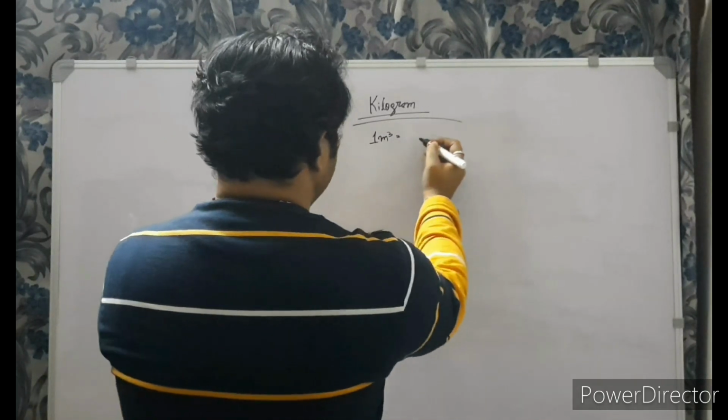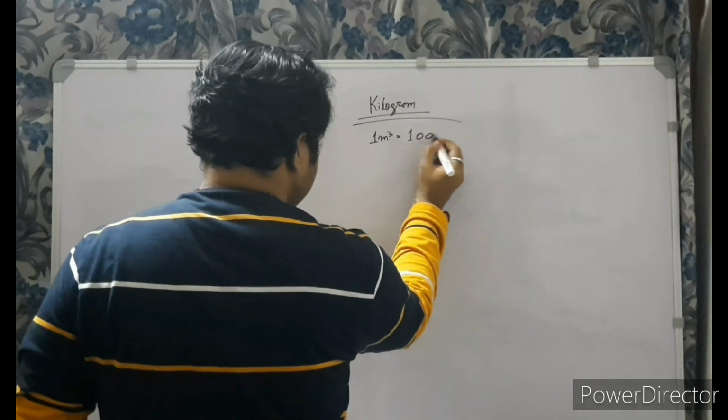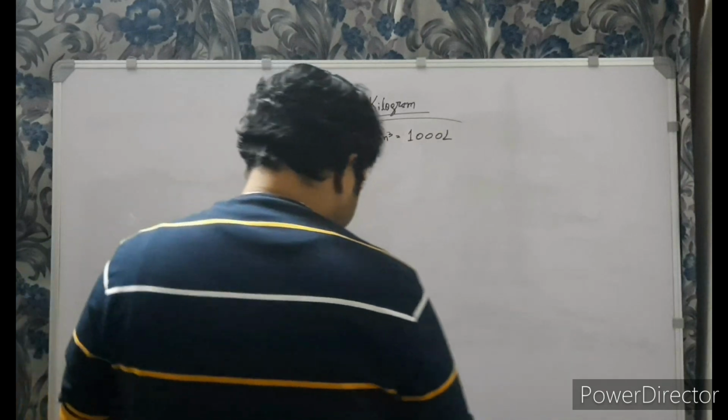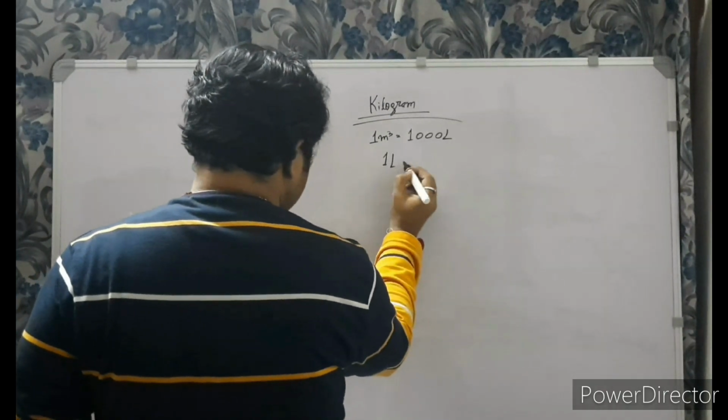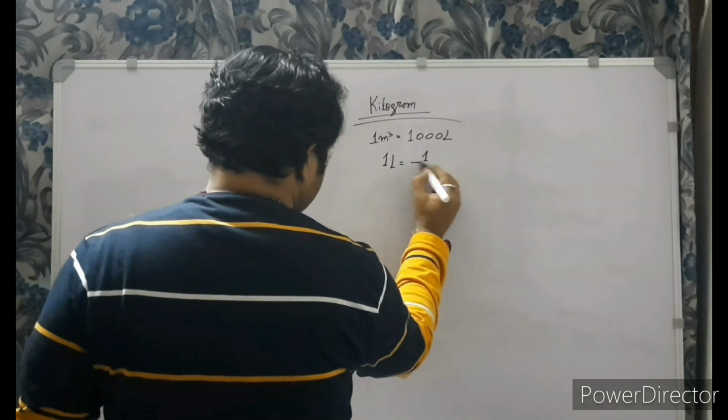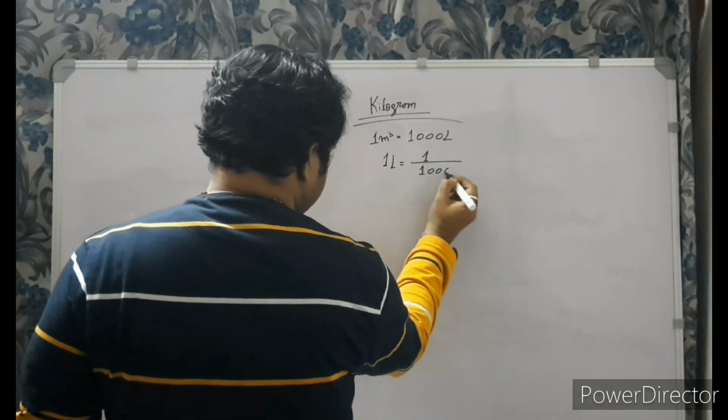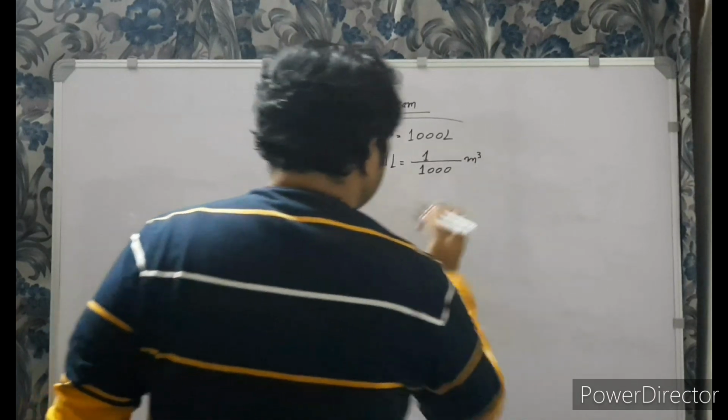meter cube is equal to 1000 liter. So 1 liter is equal to 1 by 1000 meter cube.